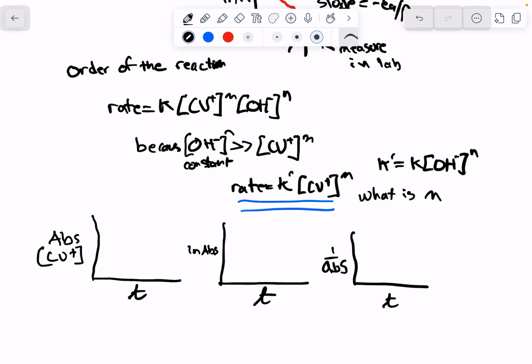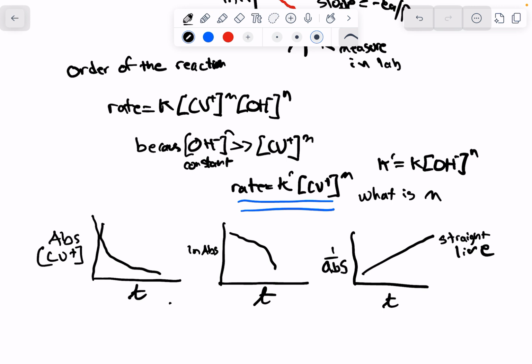So for example, let's just say for this lab that 1 over the absorbance versus time was a straight line, so second order.